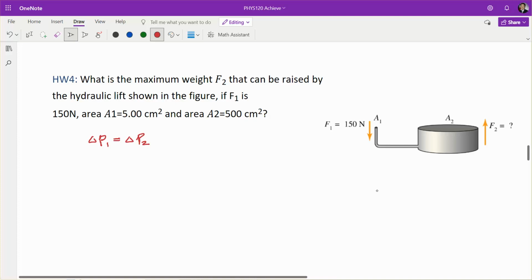The pressure is the force divided by the area. So you can replace the pressure with force divided by area on each side, then you get this equation. Once you have this equation, if you know F1, A1 and A2, you can find F2 that will be generated. So that's very simple and straightforward.